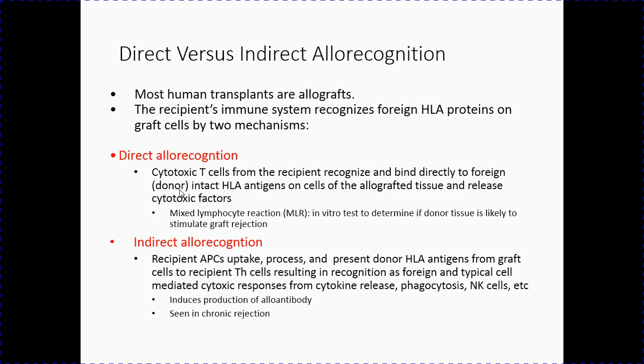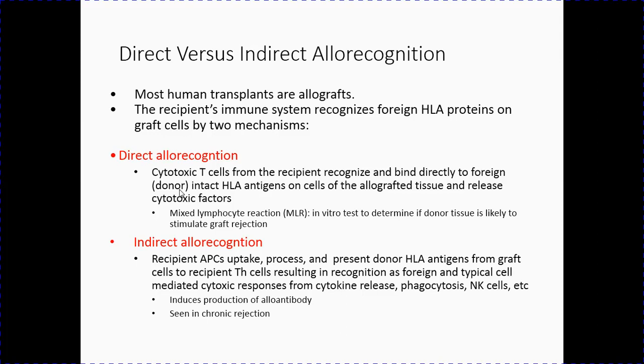The T cells from the recipient, it's hard to keep doing this donor and recipient thing, I apologize, release cytotoxic factors to destroy the grafted tissue. Pretty straightforward. We are going to see MHC molecules on antigen presenting cells that are going to recognize this, bind it, and cytotoxic T cells are going to release their cytotoxic factors to kill it.